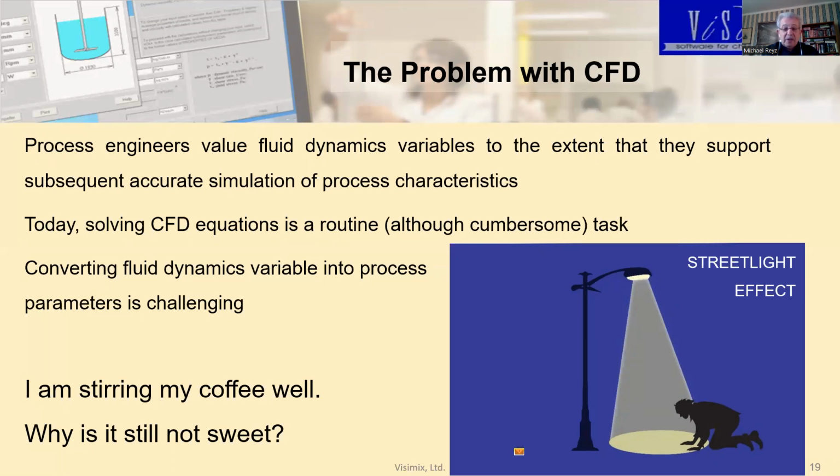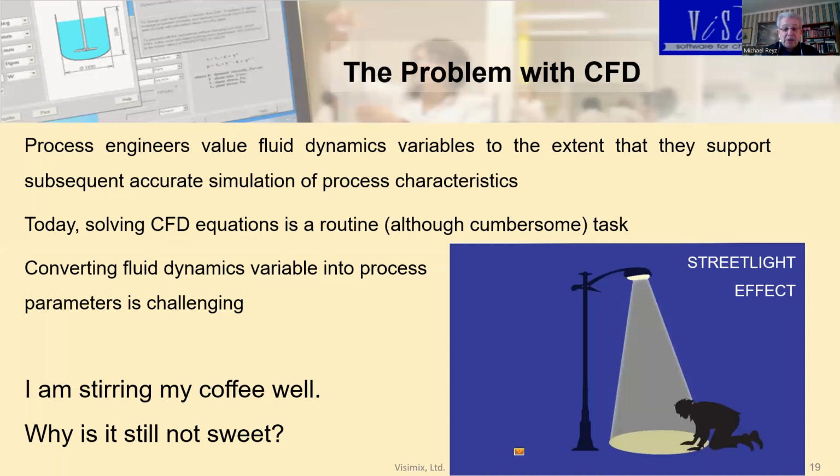The wallet in this case is correct calculation of process characteristics. And the guy who is a user of CFD, he basically looks for his wallet somewhere where it doesn't exist. So this is a typical street light effect.